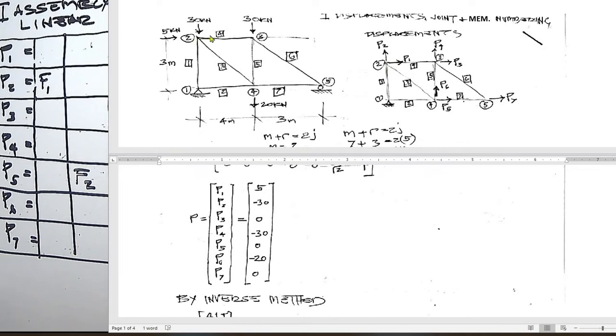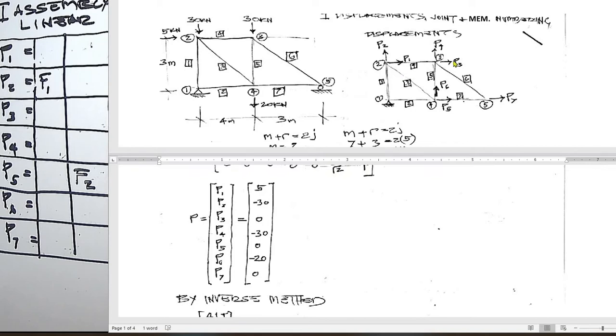You look at joint 2, meron bang horizontal load? Ayun, positive 5, no? Dahil directed towards the right. Kaya naglagay ako ng 5 dun. Next, P2. Ano yung load sa P2? Meron ba? Ayan, 30. But it is downwards, kaya naglagay ako ng negative 30 dito.